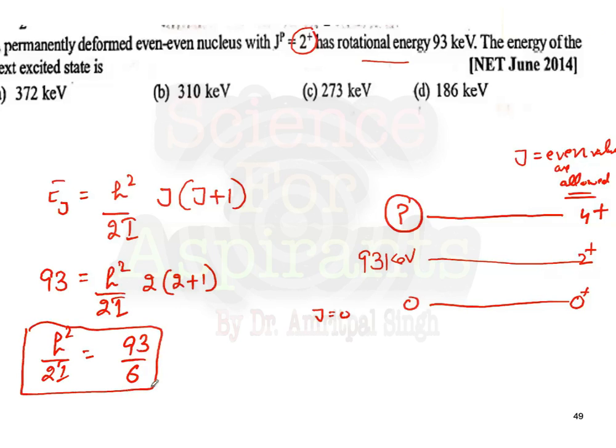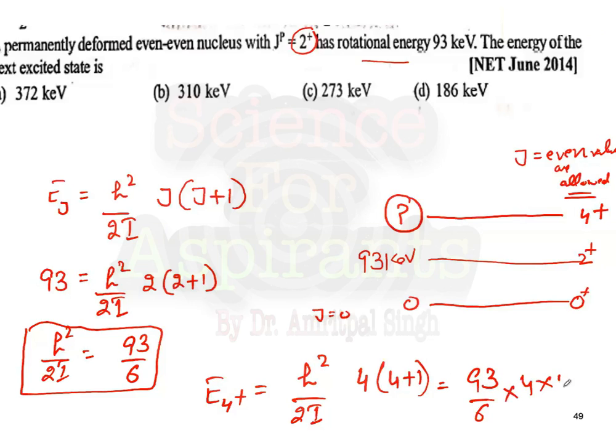For the next state, the 4 plus state, we have to find the energy value. Here J equals 4, so it is h square over 2I times 4 into 4 plus 1, equal to 93 by 6 into 4 into 5.